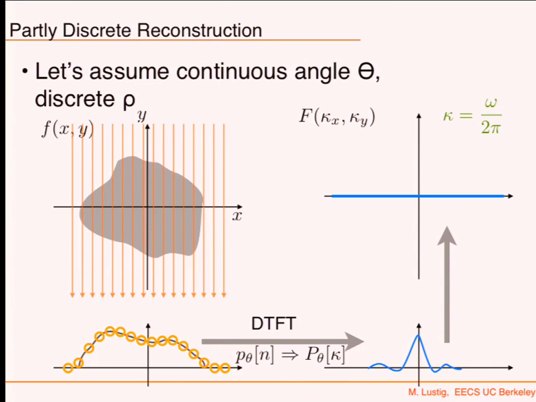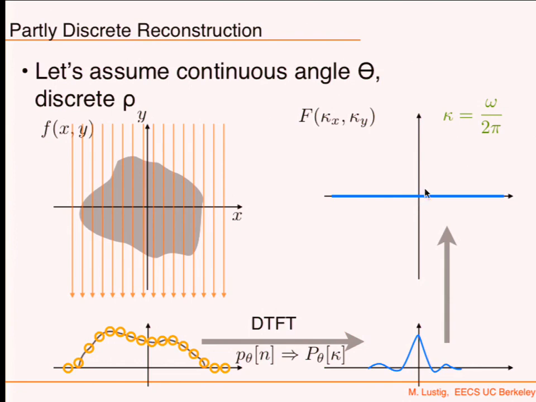So then we try to say, okay, how do we then go about and reconstruct it? Where is that information? How does that relate to each other? We went through and we did first a partly discrete reconstruction in which we have continuous theta and discrete rho. If we have continuous theta and discrete rho, we have projections that are evaluated now discretely. We then compute the DTFT, and now we have a continuous 1D DTFT.